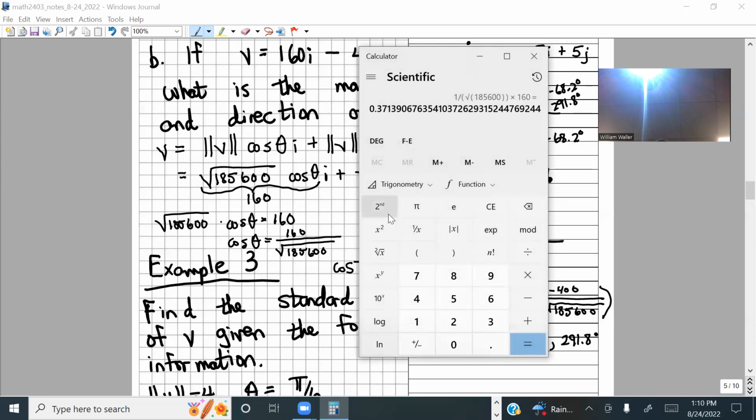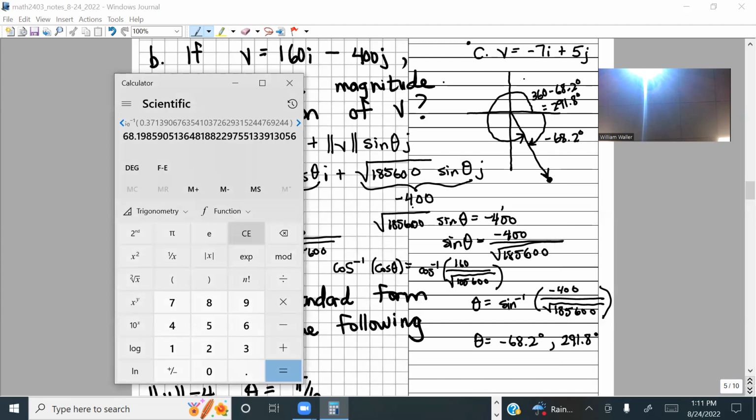And now let's take the inverse cosine of that, and we get 68.2. But remember, of course, that angle is in the first quadrant, and you want your angle in the fourth quadrant.